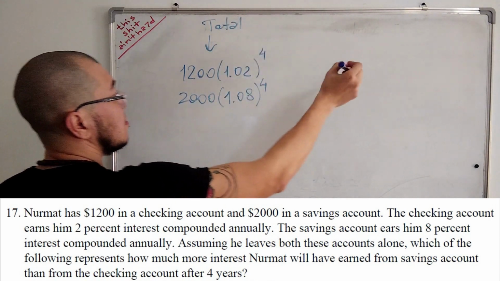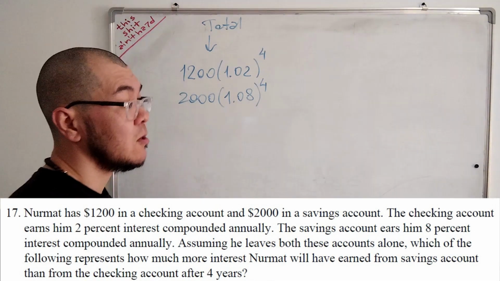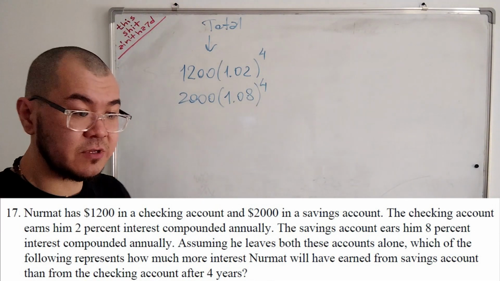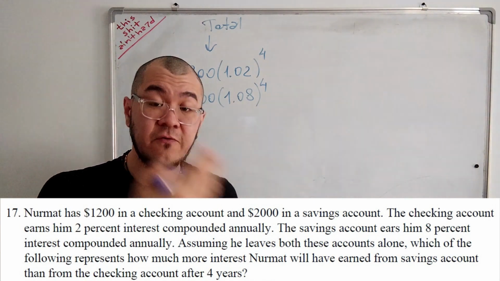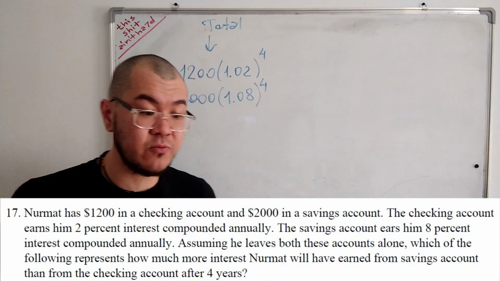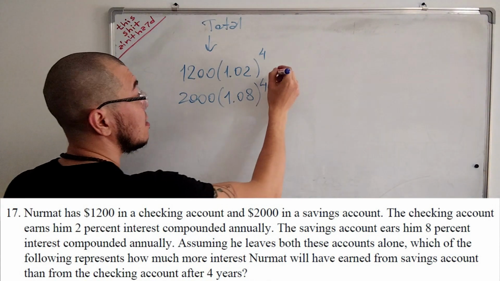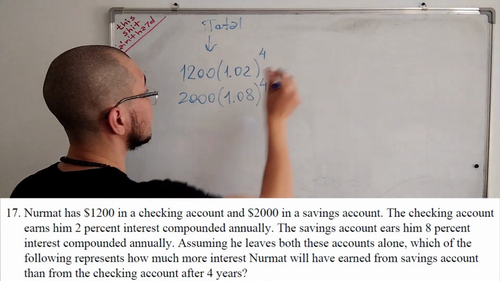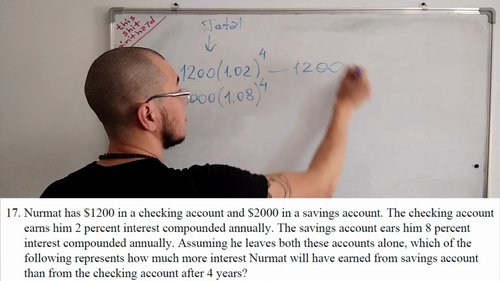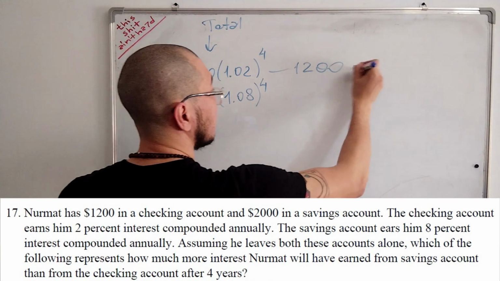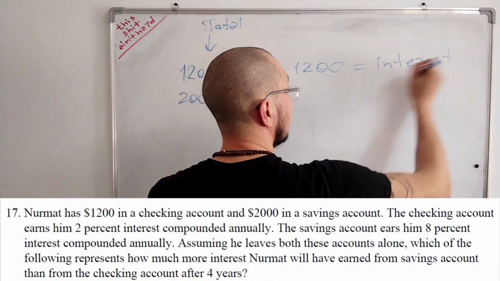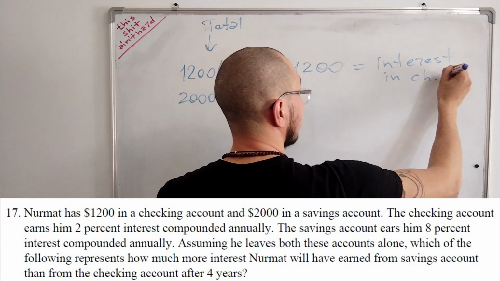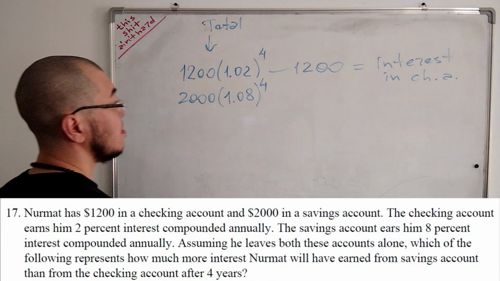Total. And we have to find the difference between the amount of money after 4 years and the amount of money now. Finding the difference, minus 1000, and this is the interest in the checking account, okay?